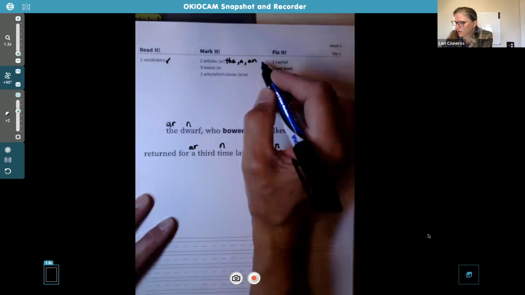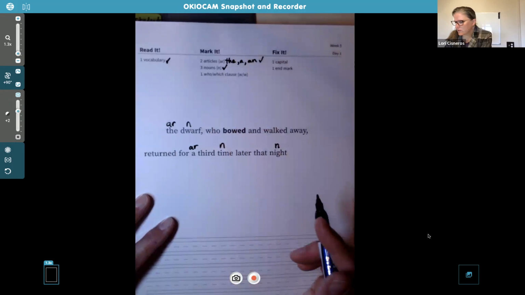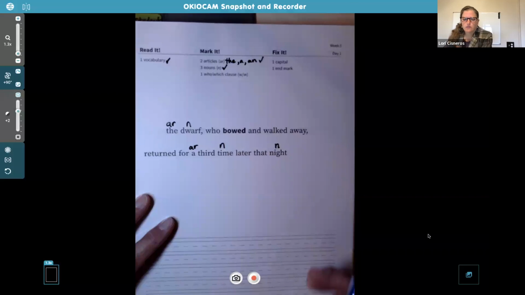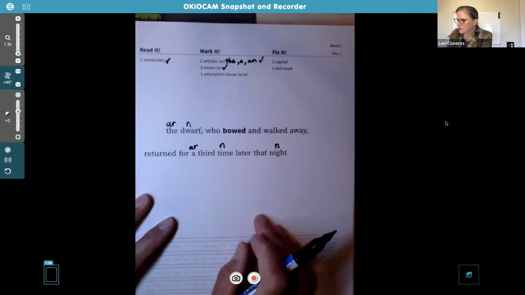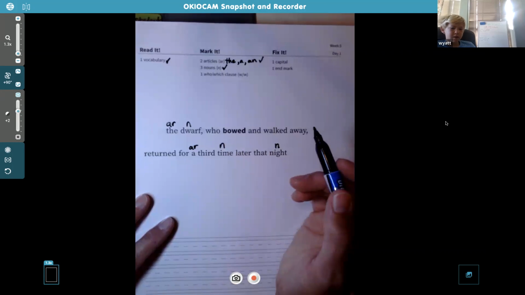Now we can put a little check mark. I forgot to put one up here by articles, but let's put one there and by the nouns. And then we have a who, which clause. And that one is pretty easy to identify because it starts with a who or a which. So Wyatt, what is the who, which clause in this sentence? Who bowed and walked away.